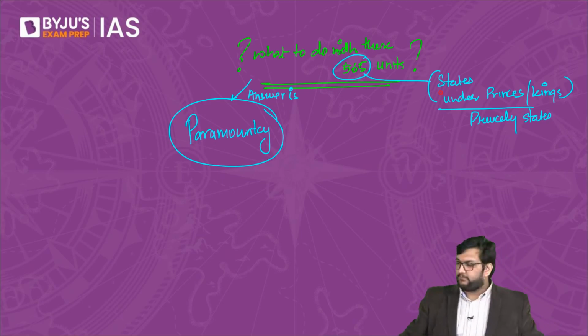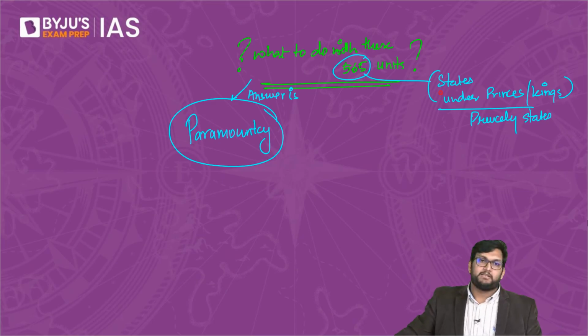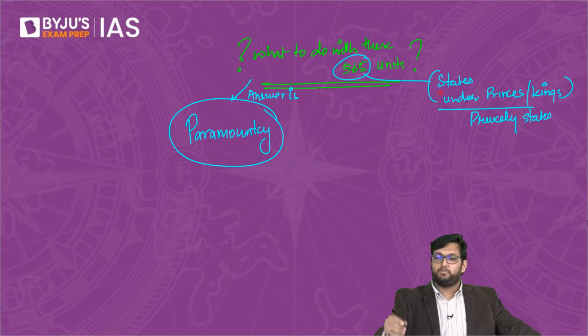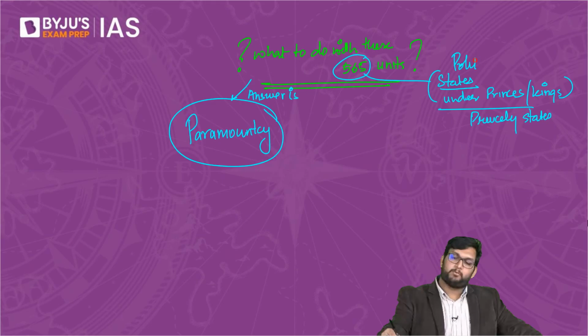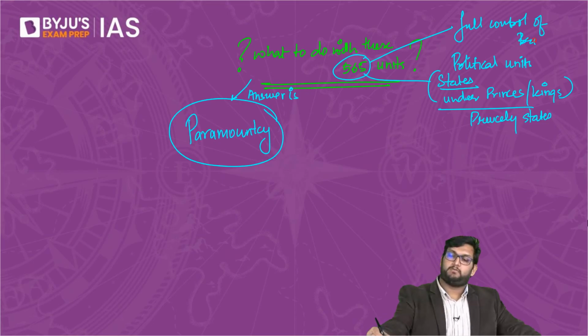They're under either the princes or under the kings. Princely states basically exist because these are units or political states or political units over which there is no full control of the British.